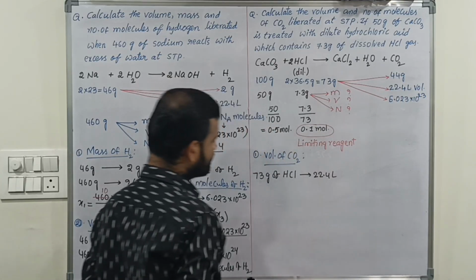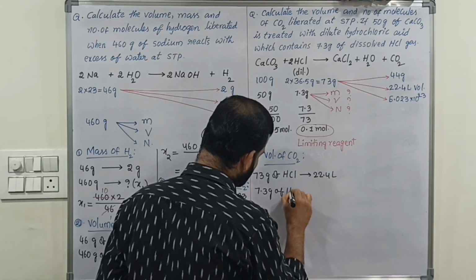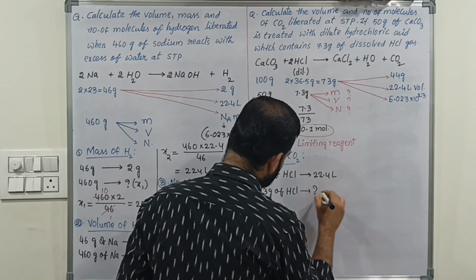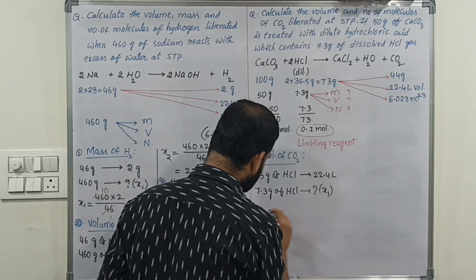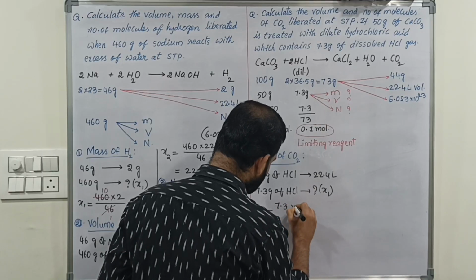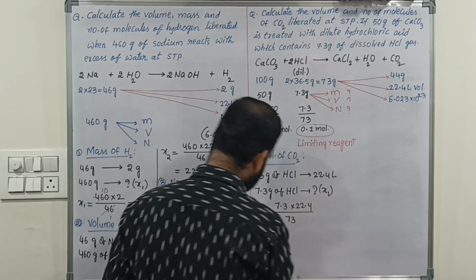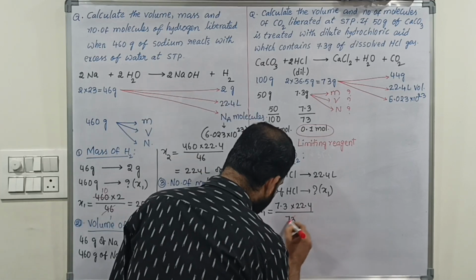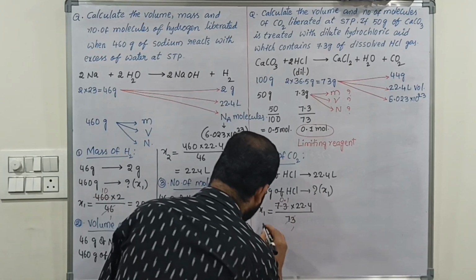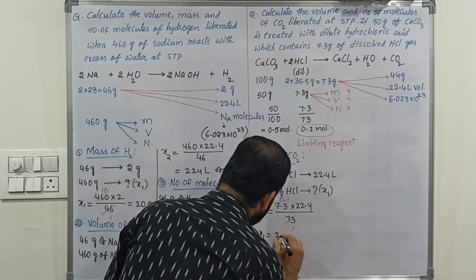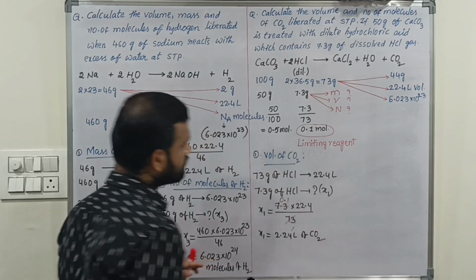Then 7.3 grams of HCl gives how much volume? Let it be x1. Then x1 equals cross multiplication, 7.3 into 22.4 liters divided by 73. 73 ones are 73, 0.1. So x1 is equal to 2.24 liters of CO2 gas.